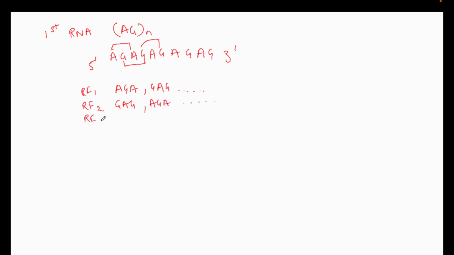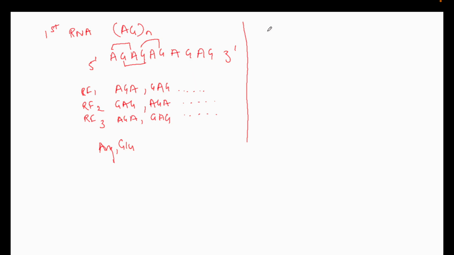And the third reading frame is the same as the first, AGA, GAG. Okay, and these amino acids can be either glutamate or arginine. We don't know, we have to find out. The question is which is arginine and which is glutamate.